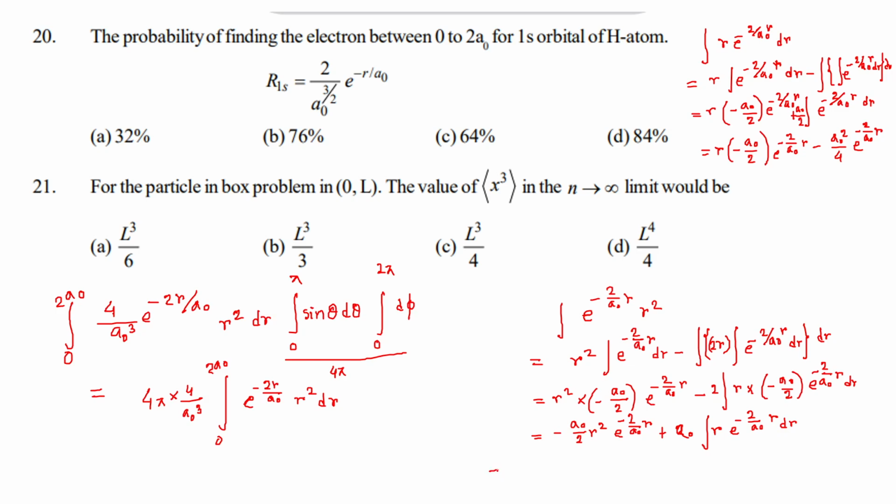So I'm putting the value here, minus a0 by 2 r square e to the power minus 2 by a naught r.